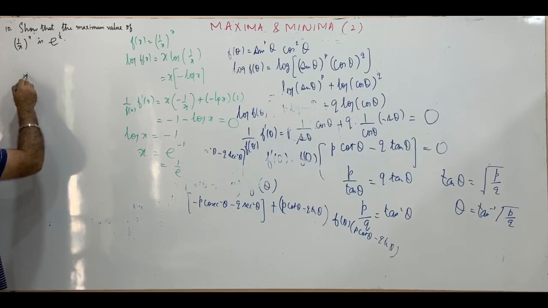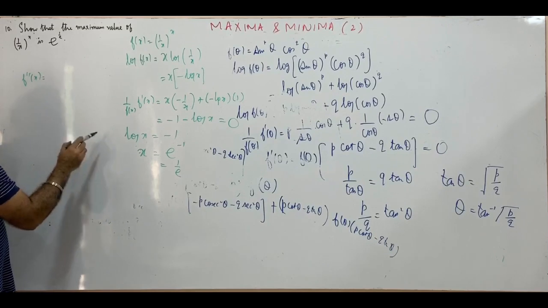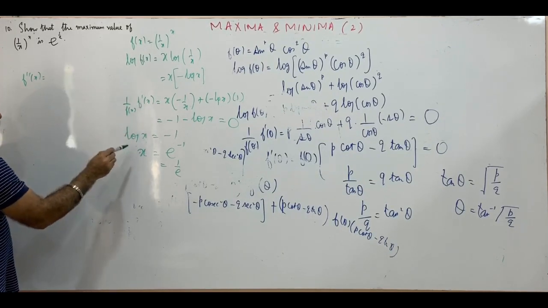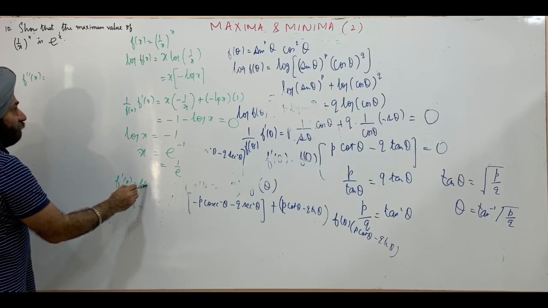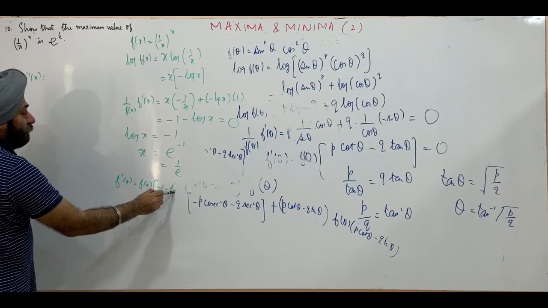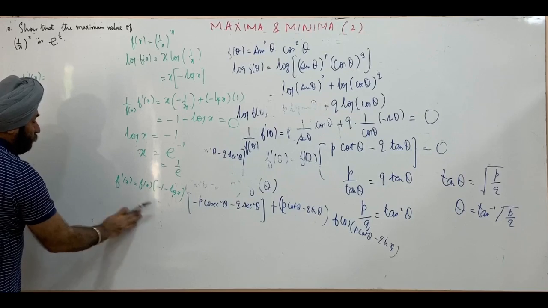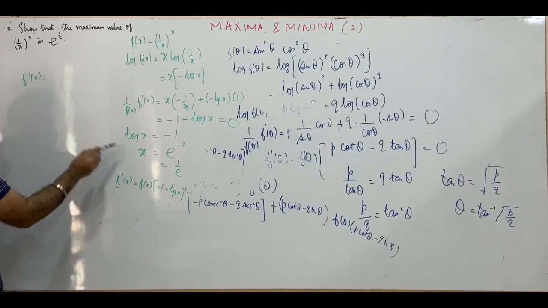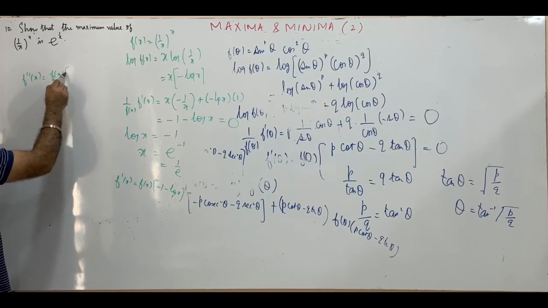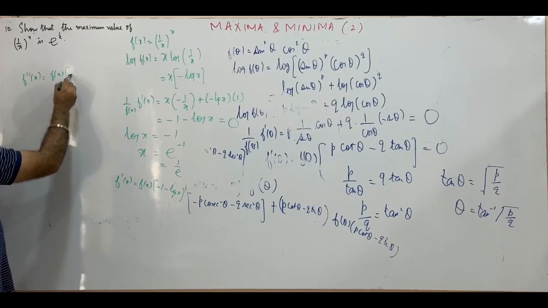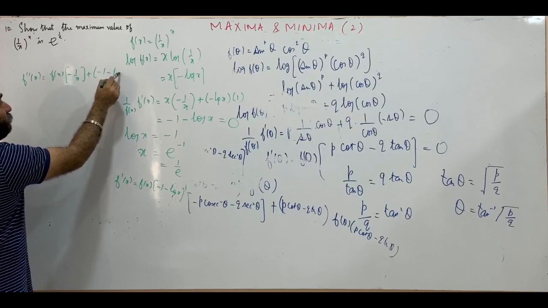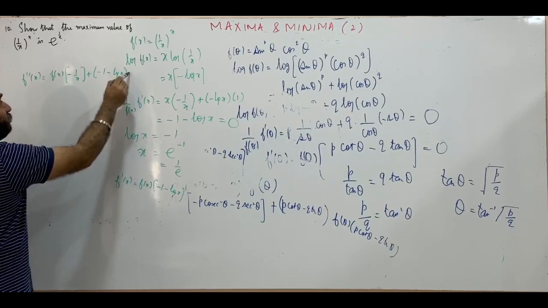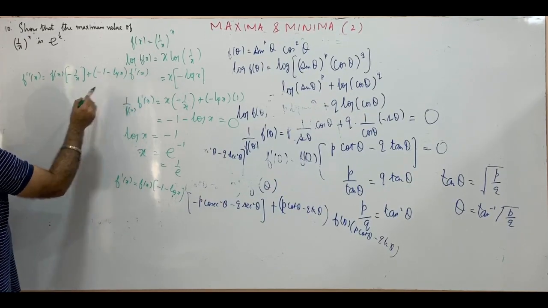Then we find out the second order derivative. So we got the first order derivative. Let me rewrite, f dash of x is f of x into minus 1 minus log of x. Now the second order derivative will be f of x into derivative of this, minus 1 by x, plus second function minus 1 minus log of x into derivative of this, which is f dash of x.